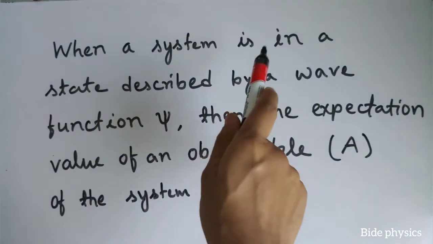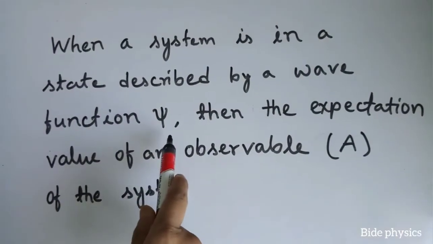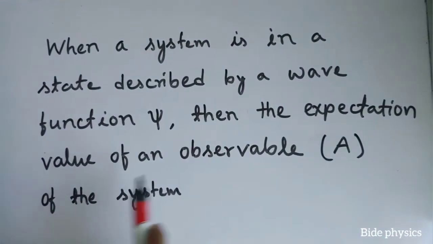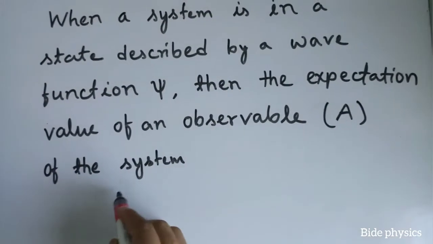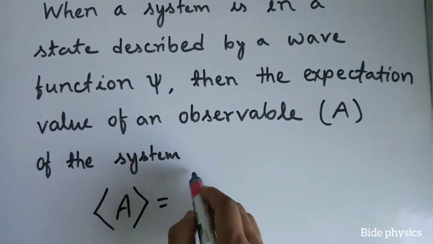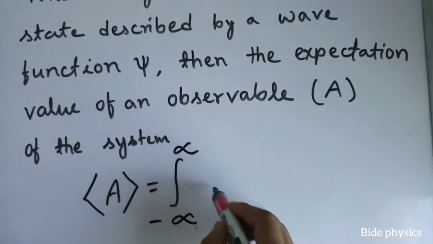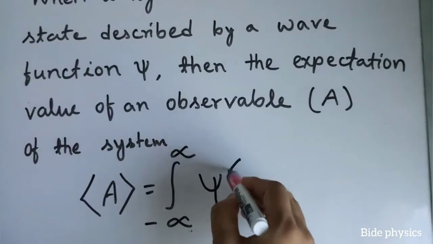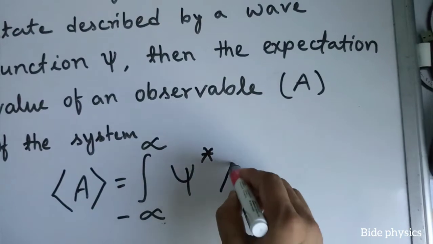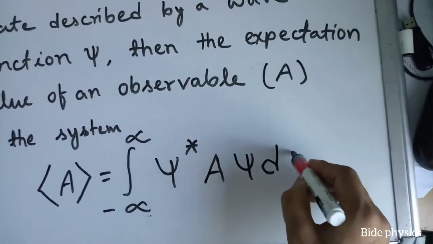So mathematically, how can we define the expectation value? When a system is in a state described by a wave function psi, then the expectation value of an observable A of the system is given by: A within this symbol, integration from minus infinity to plus infinity, psi star, that means the complex conjugate of the state function, and the operator A, psi d tau.